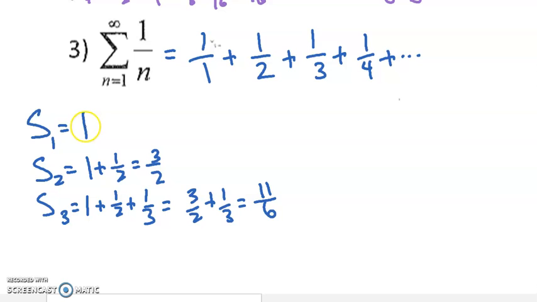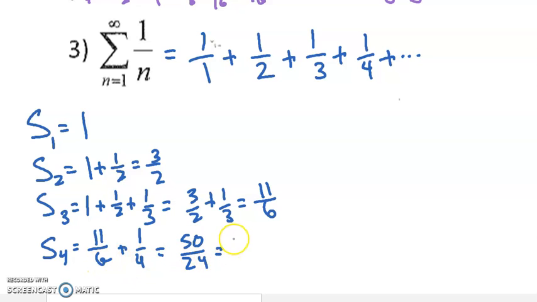Okay, so this is small. This is a little bit bigger, still less than 2. And if we keep on going, we're going to get 11 over 6 plus 1/4. And let's see, 44 plus 6 is 50 over 24. Yeah, I could have found a smaller common denominator, but I'll just reduce this and get 25 over 12.